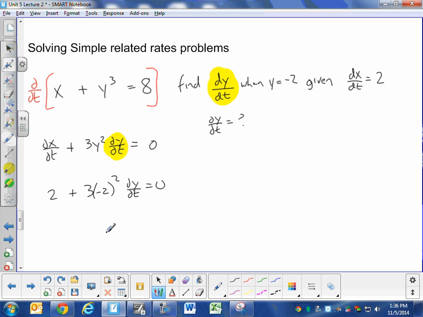I get -2 divided by 12. That's -2 over 12, or -1/6. Subtract 2, divide by 12. Cool? Okay, let's do another one.